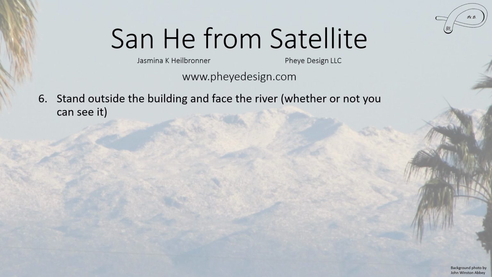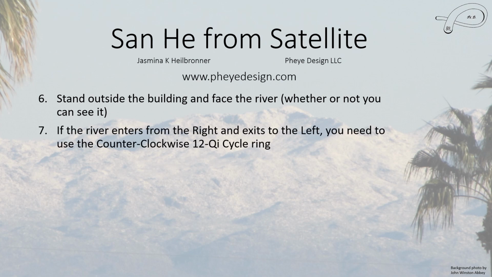The next thing you need to do is you need to stand outside the building, even if you just do it in your mind, and face the river. And it doesn't matter whether or not you can see it, you basically know where your river is coming from. And if the river enters from the right and exits at the left, which is what we have here, you need to use the counterclockwise 12 chi cycle ring.